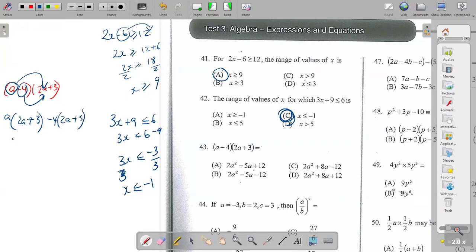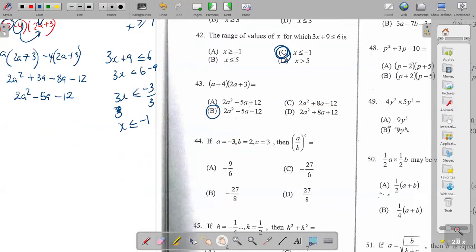So that will give us 2A squared plus 3A minus 8A minus 12. So like terms, we got 2A squared. This will give me negative 5A because 3 minus 8. And then you have minus 12. So our answer here is B.